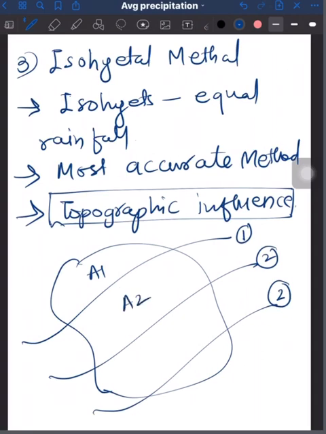So how do we calculate the mean precipitation? Mean precipitation is calculated by summation of Pij into Aij upon the area of the catchment. Here the main consideration is Pij.